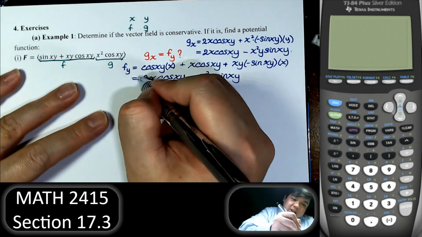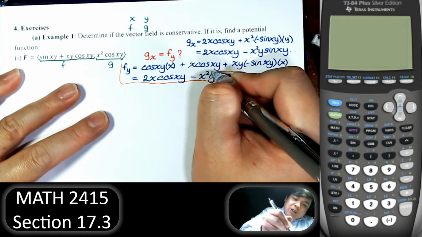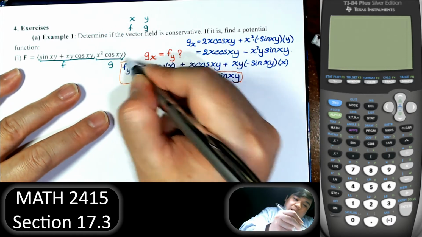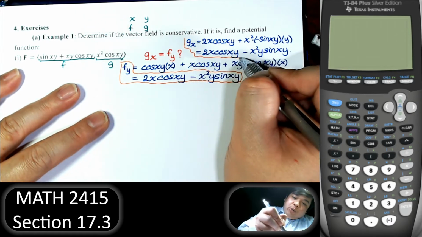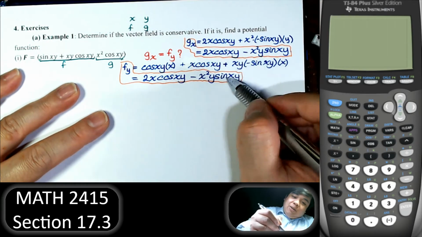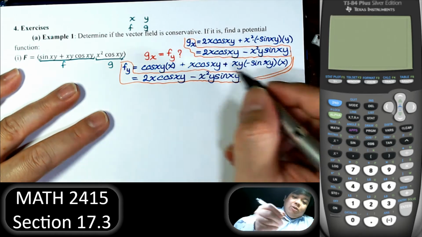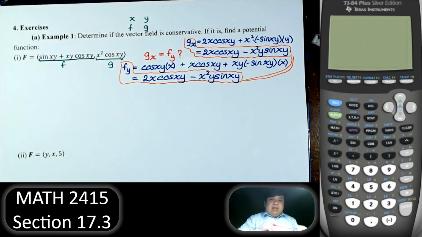So what we have here is the derivative of f with respect to y and the derivative of g with respect to x. They are the same, right? So they are equal. So yes, it is exact.